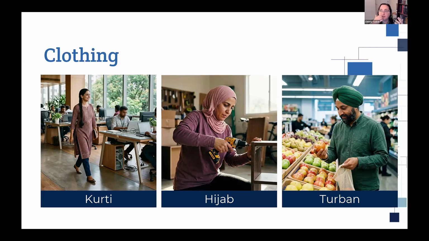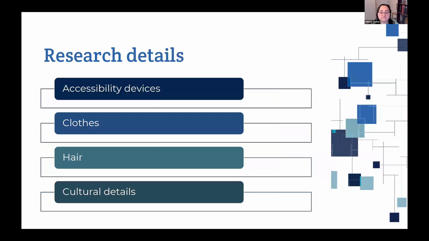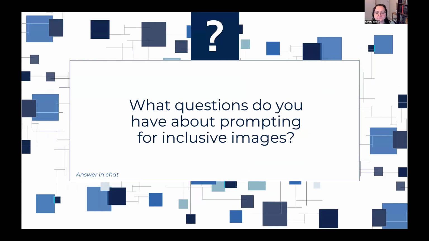This is something that I did in some equity training for educators, about having images that counter the stereotypes visually as part of the work. So, some of this you are going to have to research: accessibility devices, any sort of assistive device, clothes, hair, cultural details, all of this you have to research.